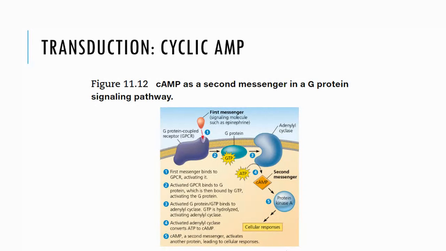The activated GPCR binds to a G protein, which is then bound by GTP, which activates the G protein. The activated G protein/GTP binds to adenylyl cyclase. GTP is hydrolyzed, which activates the enzyme. The activated enzyme converts ATP into cyclic AMP, and then cAMP, which is now our second messenger, activates another protein, which gives us our cellular response.